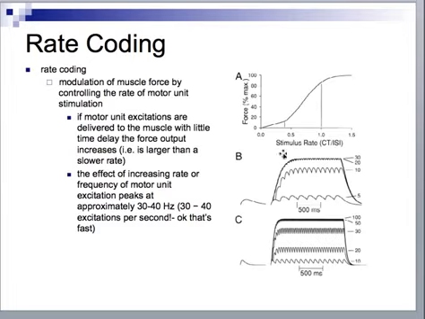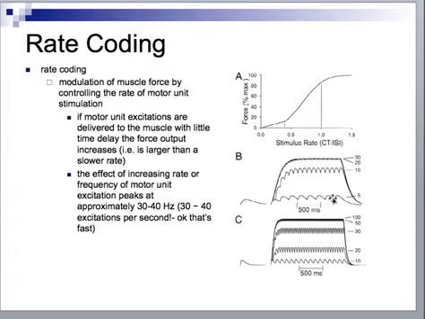And so what we can see in these graphs, let's focus on the middle graph B, and we can look at a 5 hertz rate, which is 5 stimuli per second, a 10 hertz rate, and this 20 and 30 hertz rate. And essentially what we can see is that at the 5 hertz rate, there's a depolarization here. There's some force developed before that motor unit has time to completely go back to zero and have no force.